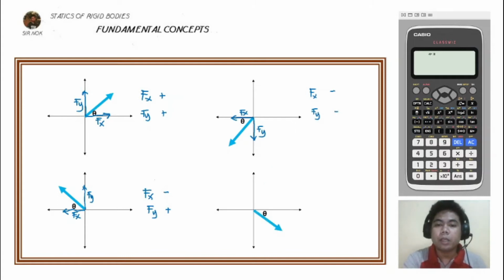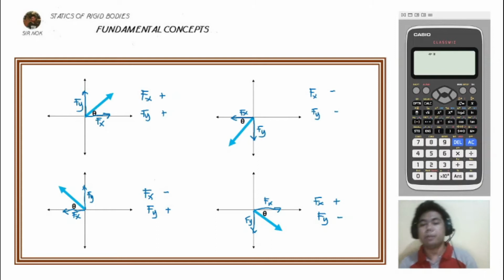And the fourth quadrant, the x component is to the right and the y component is downwards. The x component is positive and the y component is negative.